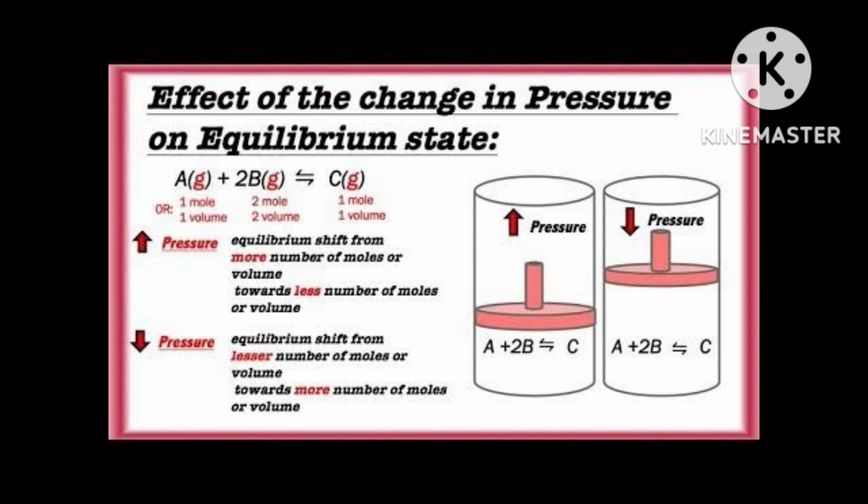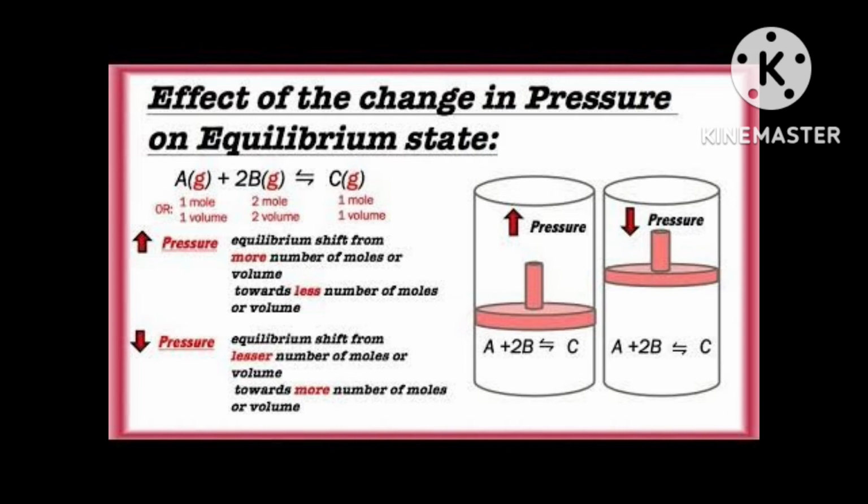Okay, that way how they are changing or maintaining the equilibrium, shifting the equilibrium, that I have told you. Then these two equations where volume is changing, I told you N2 plus 3H2 gives 2NH3. Here you apply the pressure.